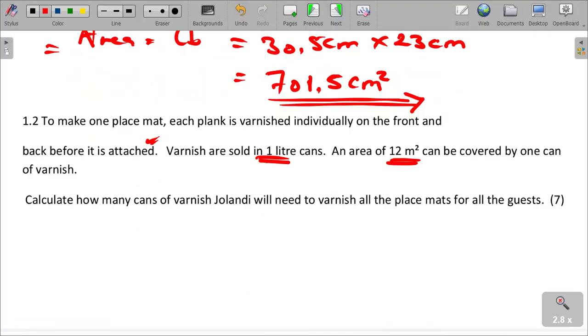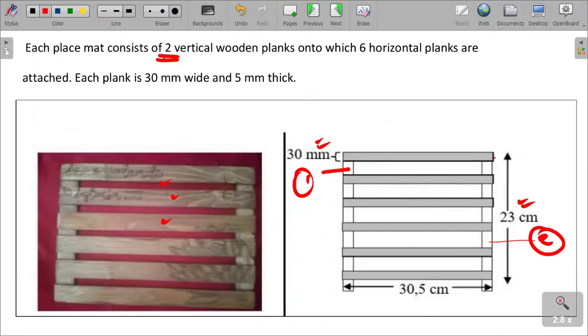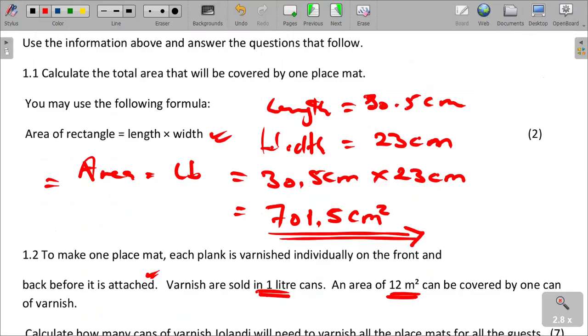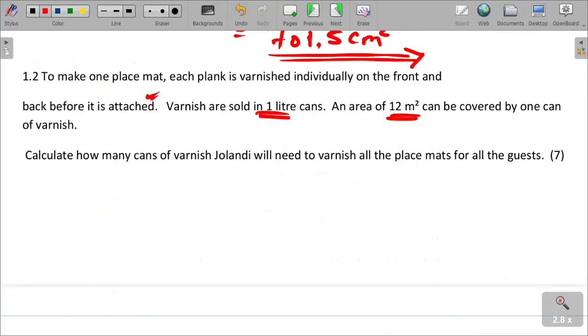The plank measurements are given in millimeters, so we need to convert them to centimeters to match the other measurements. First of all, we convert millimeters to centimeters.